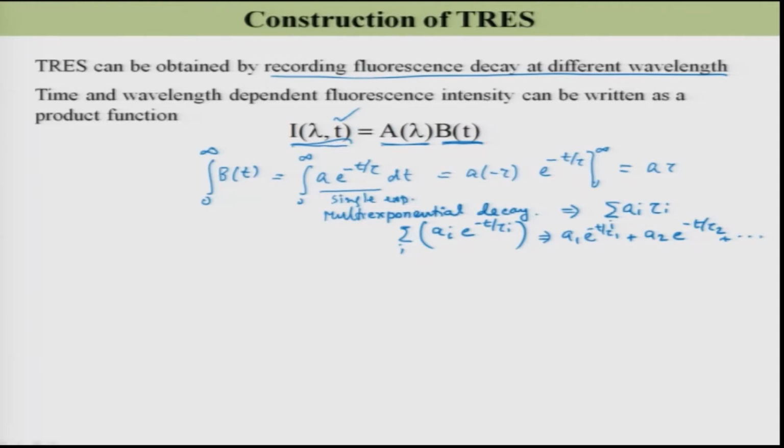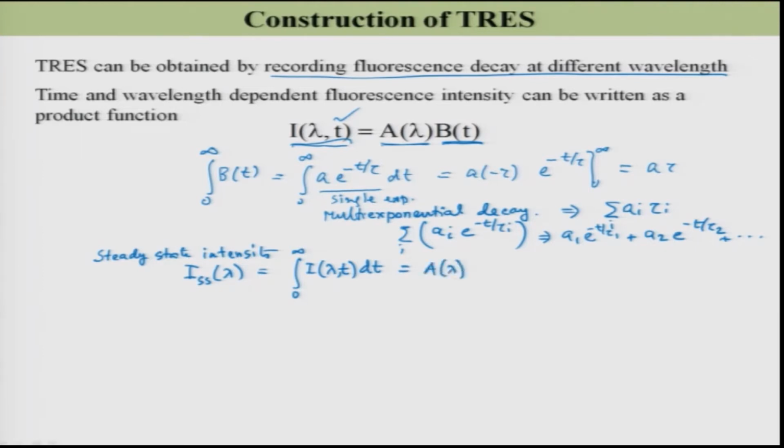Okay. So, now let me write here the steady state intensity, which I define as I_SS. Obviously, it is a function of lambda, right. So, that is nothing but integration 0 to infinity I(lambda, t) dt, right. In this case, I have separated this.